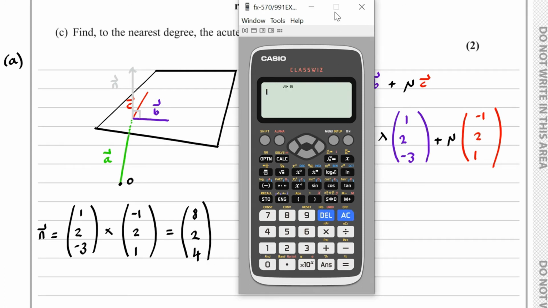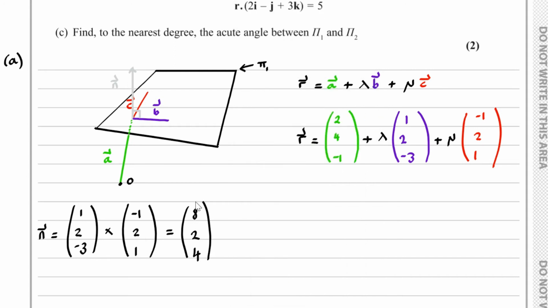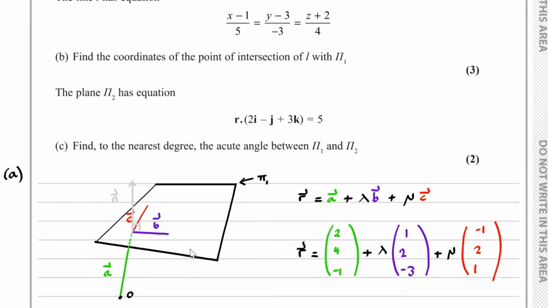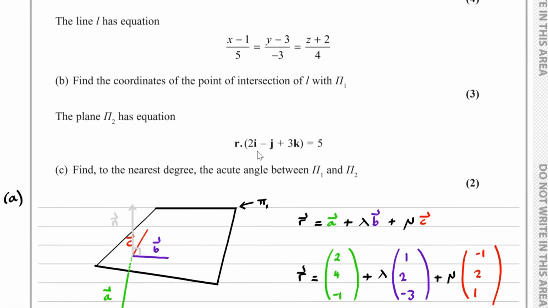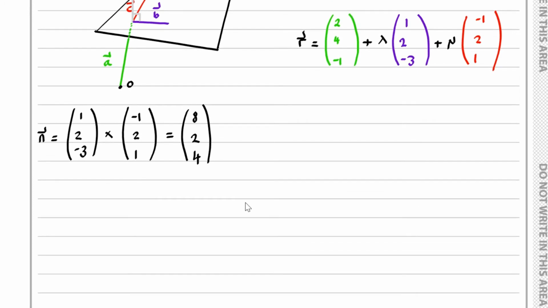So, knowing that our normal vector is equal to 8, 2, 4, we can now find out what the value of d is. And over here, d, that will equal A dot product with n. So we have the vector A 2, 4, minus 1, that's here.